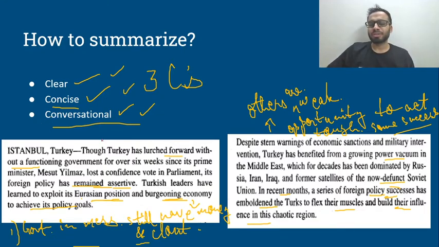This is what we have to do. Your summary, the two lines that you write or the three lines that you write, it should be concise enough, it should be clear enough, it should be conversational enough, so that a 10-year-old is able to understand it. This is what your aim should be right now.